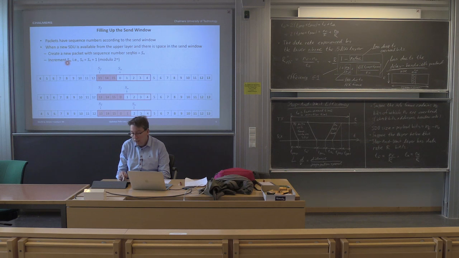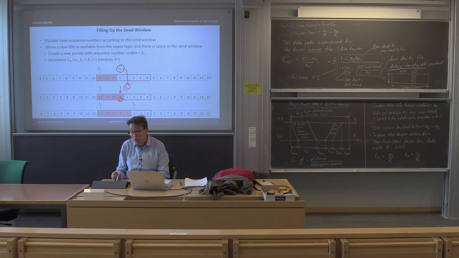And then we increment SN, so move that to the right. When we get a new packet, we increase SN by 1, and we pop in the new packet here. This packet, which we just got, will have the sequence number that was SN before the incrementation, so it will have number 0.